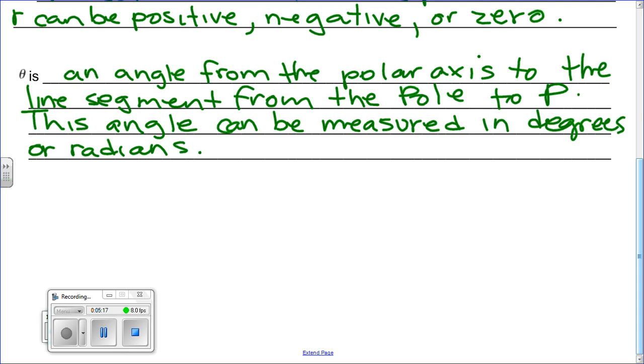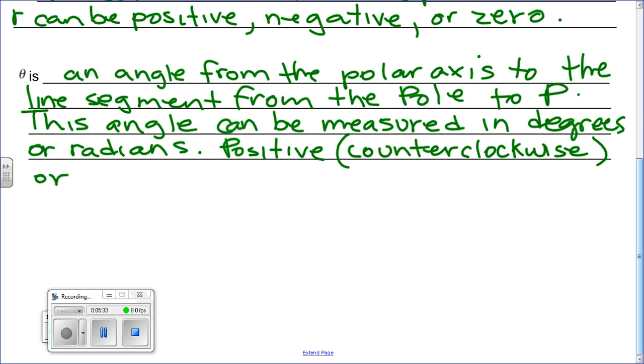And of course, we could have positive angles, which are counterclockwise, opposite direction of the clock, or negative, and that will be in the same direction of the clock.